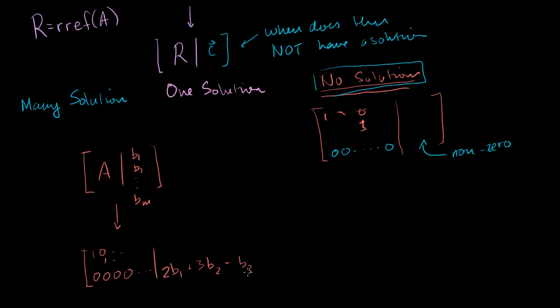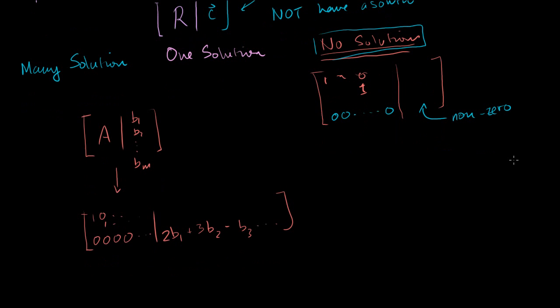It'll essentially be some function of all of the b's, some function of B1, B2, all the way to Bm. Now, clearly if this is non-zero, we don't have a solution. And if we don't have a solution for some cases of b, then we are definitely not spanning Rm.